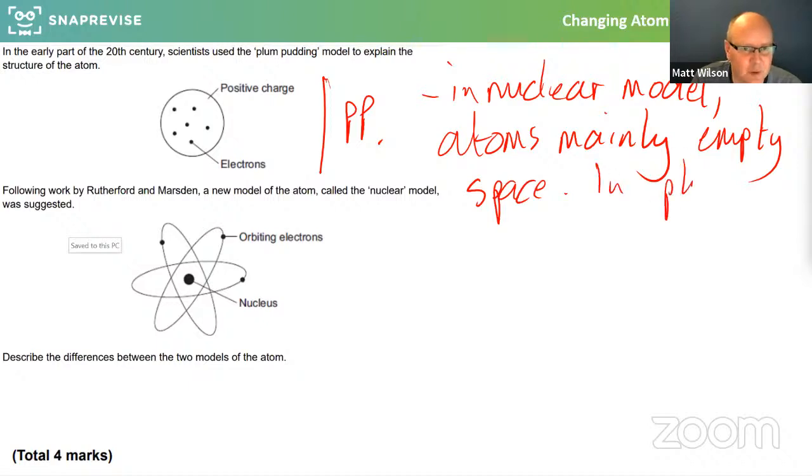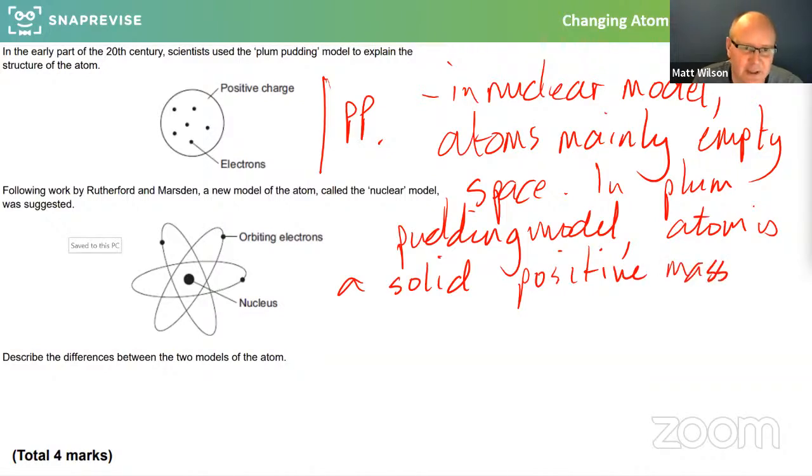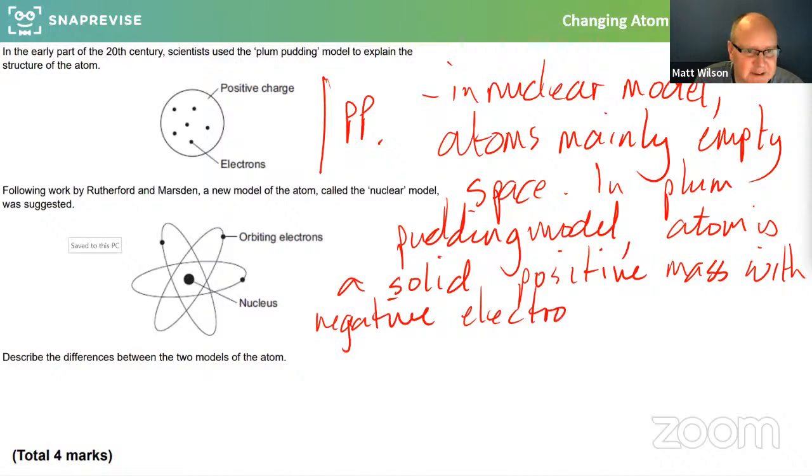In the plum pudding model, the atom is a solid positive mass, and we need to mention the electrons, with negative electrons scattered throughout.